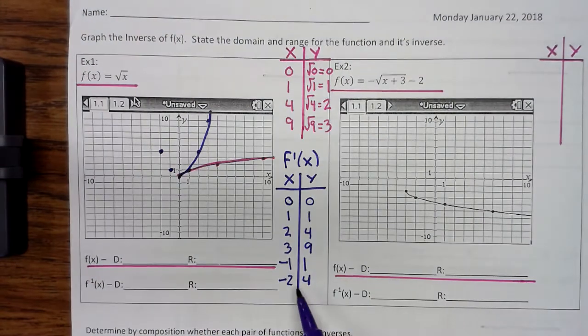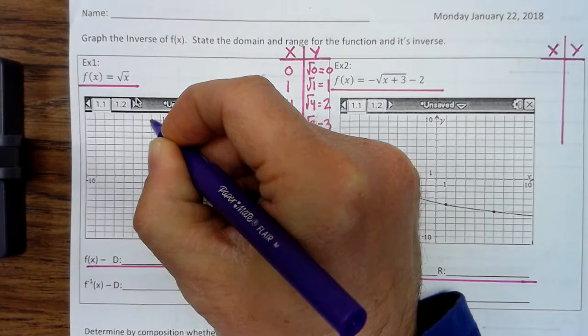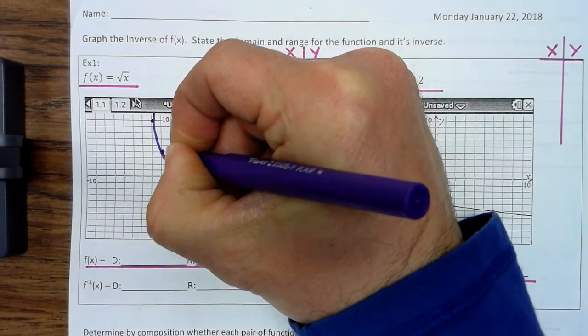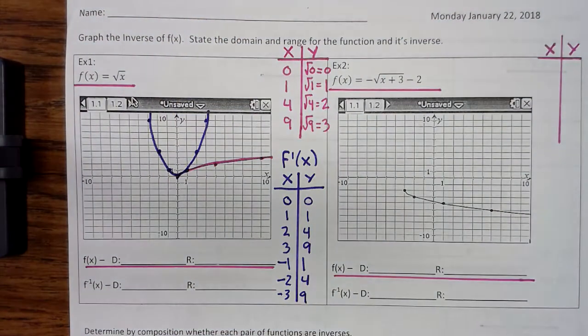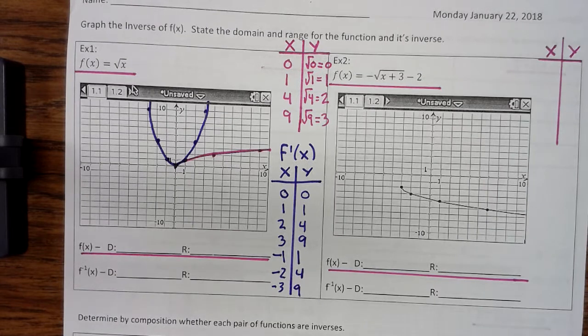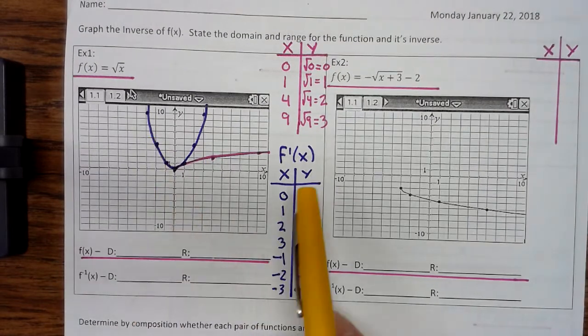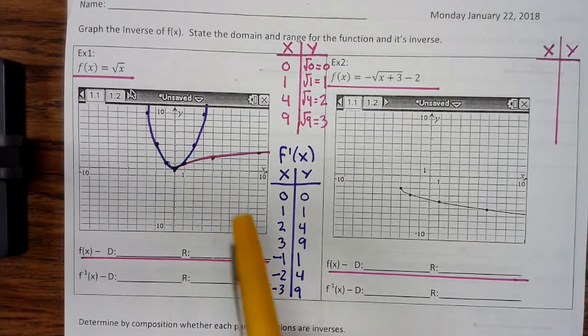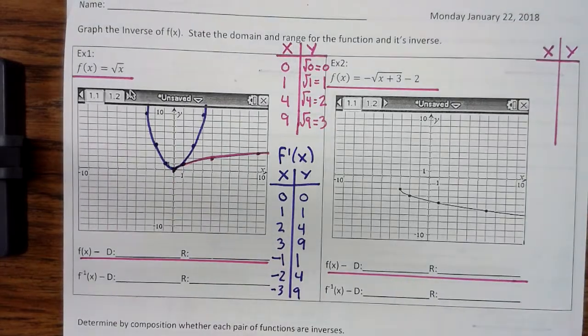And the mirror of 3, 9 would be negative 3, 9. Okay, and remember that the inverse of a square root is x squared, so you have to graph the mirror points.